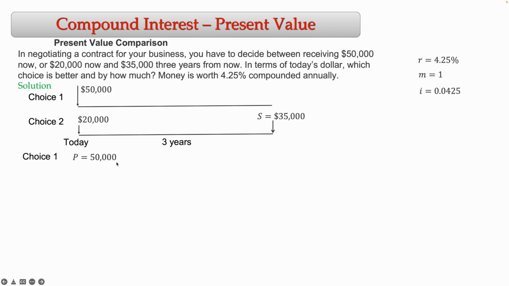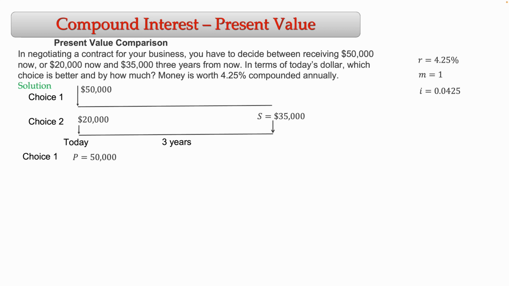So anytime that you want to compare two different investments, compute the present value of all the amounts in the different choices. If the choices have different payments, we compute the present value of each of the amounts that you are going to receive. And adding together all these present values will give you something that is called the net present value.